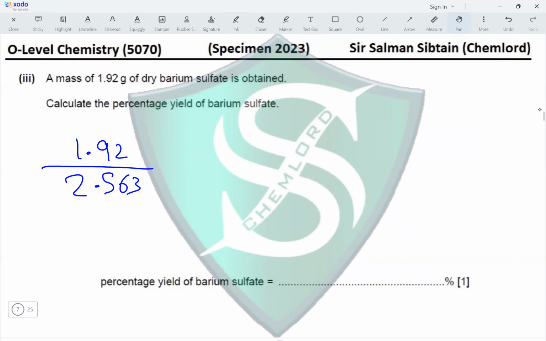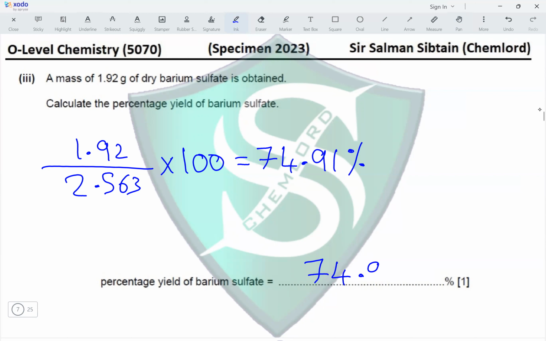So the amount obtained will be in the numerator upon the total amount that should have been obtained in the denominator, and we multiply this value by 100, and this gives us 74.91. So the percentage yield of barium sulfate is 74.91%.